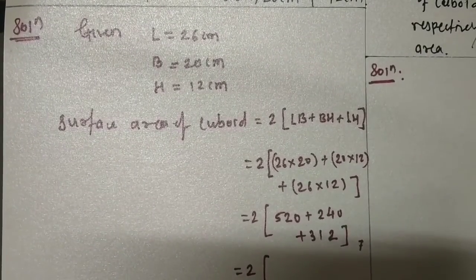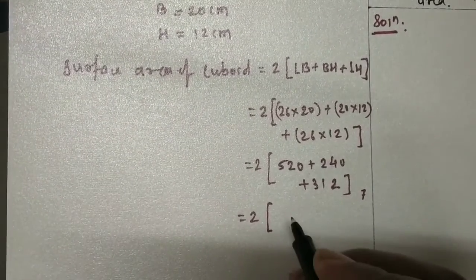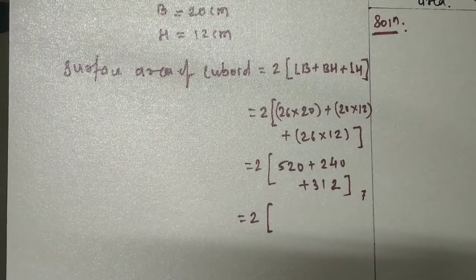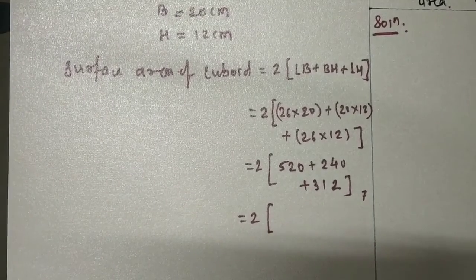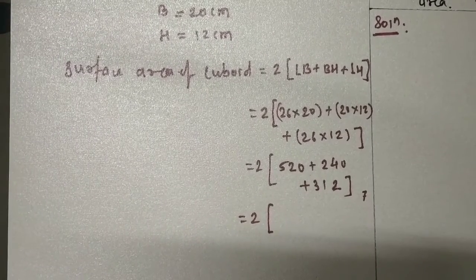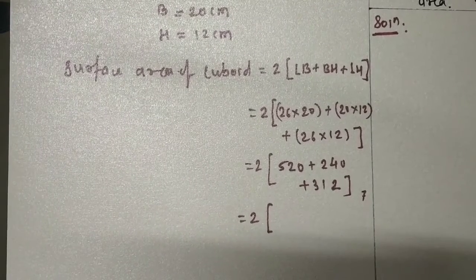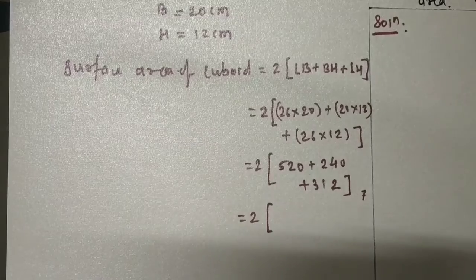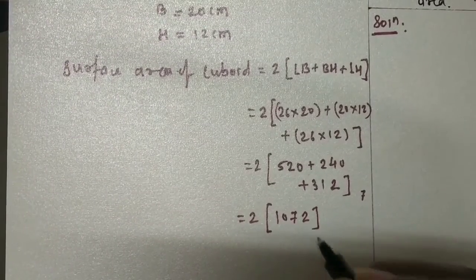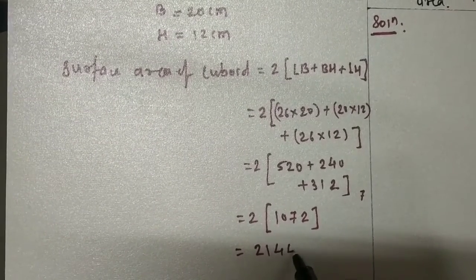So if you add this, you will get 1072. And 2 times this means you will get 2144.